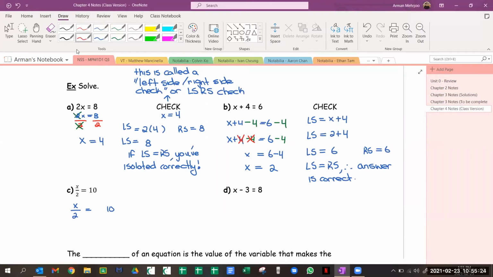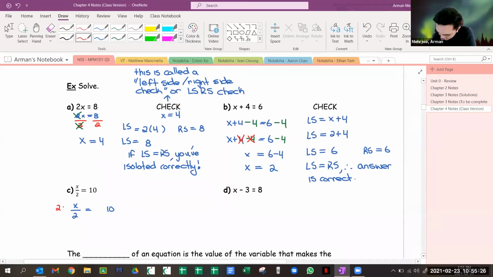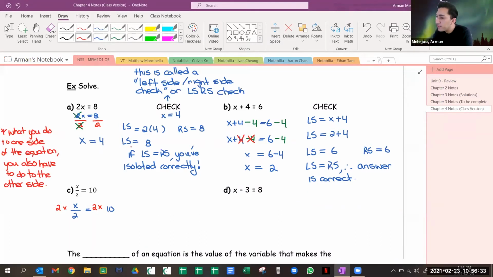Yeah, so to isolate for x, I have to do the opposite of that. And what I do to one side, I always have to do to the other side. I have to do the opposite operation to 2. So instead of dividing, I have to multiply. And when I do that, these 2's are going to cancel. And then I'll get x all by itself. And in this case, x looks like it's equal to 20.